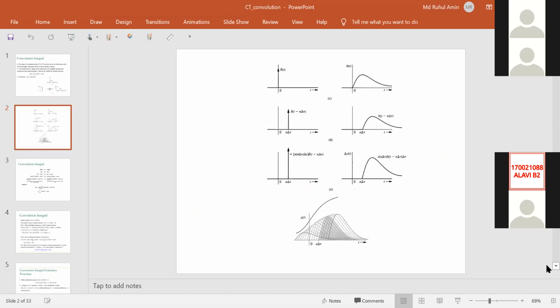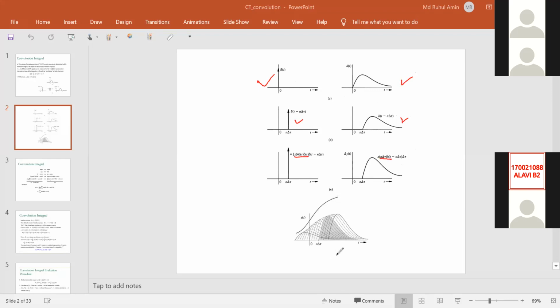Your next slide shows this. I have taken it from B. P. Lathi's book. You can have a look there, but this is not that difficult to understand. Whatever I discussed in the last slide is summarized here. We have an impulse at the origin, and the corresponding output is this. If we shift the impulse, the output will also be shifted. If we scale the impulse by the signal amplitude at its location, the output will be scaled by the same amplitude.